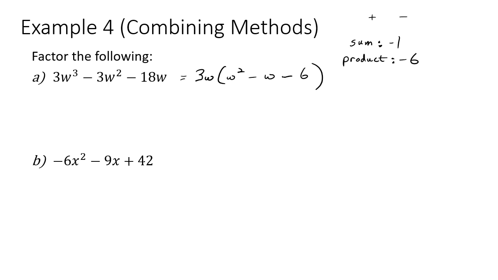And subtract to give 1 would be 3 and 2. But because the sum is negative 1, I want the bigger number to be negative. Double check. Those multiply to give negative 6. Those add to give negative 1. Checks out. So we still got the 3w out front, but now this quadratic in parentheses will factor further into w plus 2 times w minus 3.